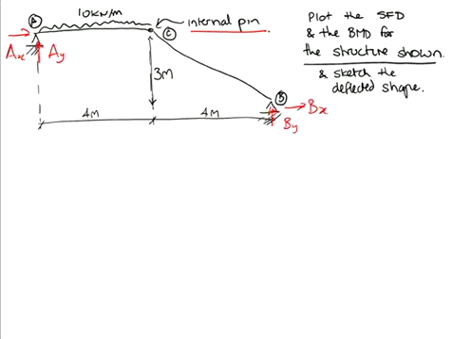So we need to consider 2 free body diagrams, one here and one there. So looking at those 2 free body diagrams, well, I haven't drawn the whole free body diagram, just the structure there. Which side would you think you would like to start at?